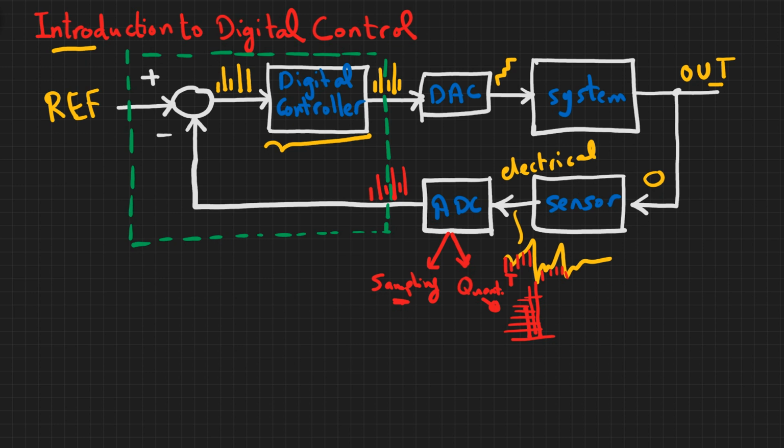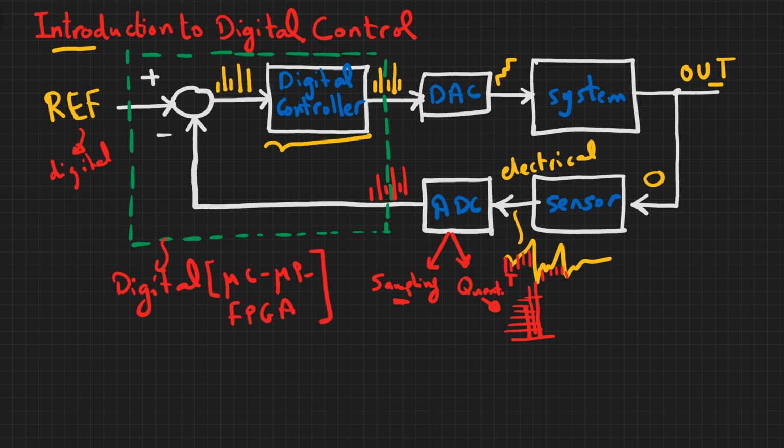So the reference is also applied in the digital domain in this case, and all of this block which is encircled in the green box here is basically digital. Digital means that it could be on a microcontroller or microprocessor, it could be implemented on an FPGA, any of these kinds of implementations.